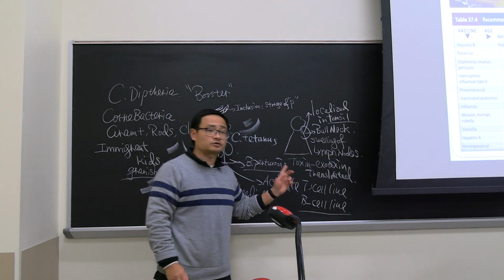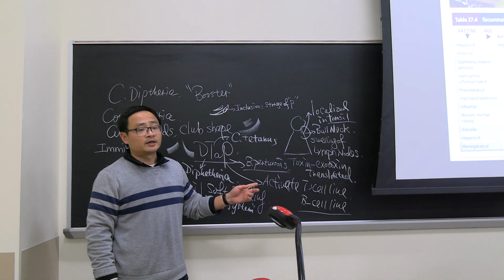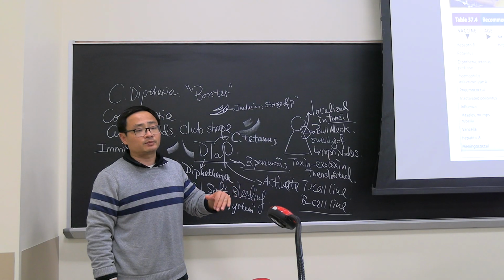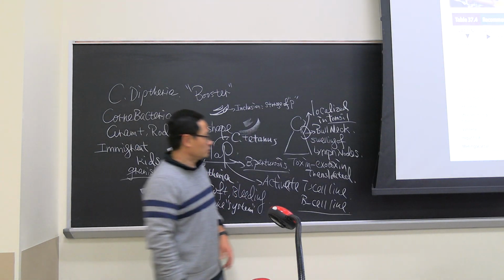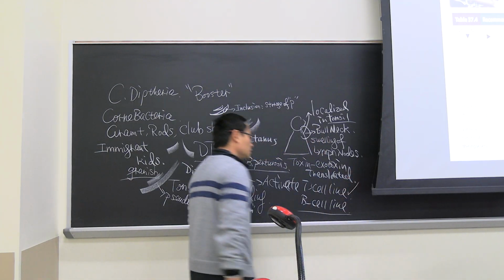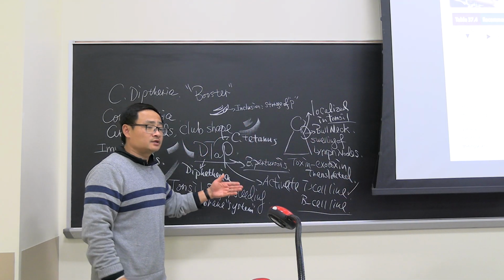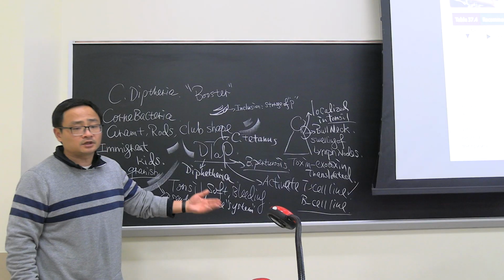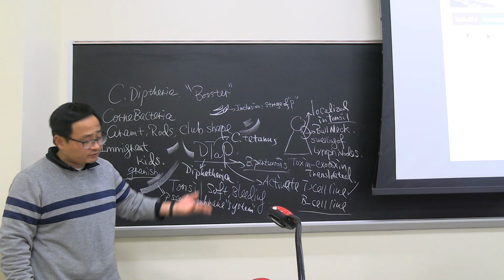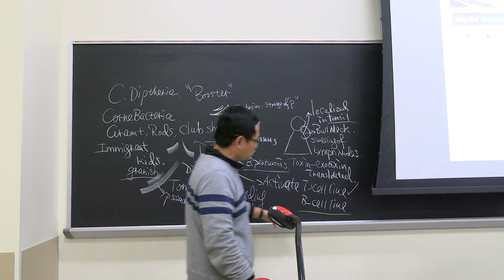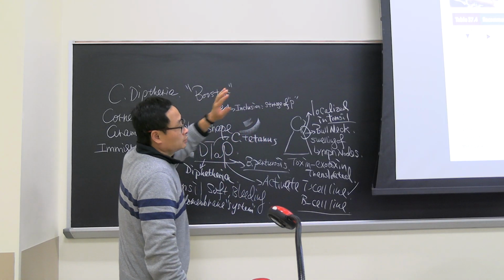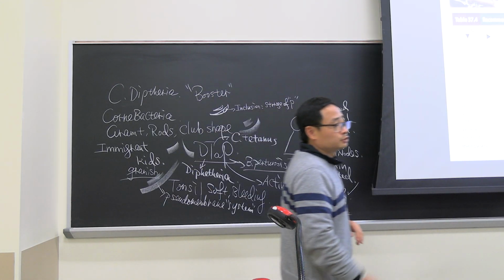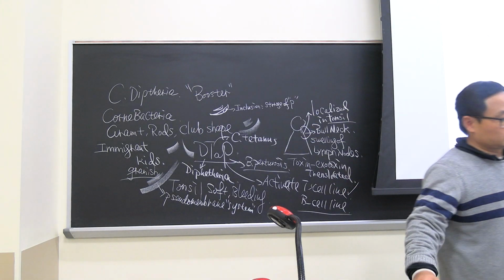The T cell line does not generate antibody, and the memory capability is usually short. This vaccine only activates the T cell line, which means cell-mediated immunity is activated, but humoral immunity is not activated. So we need a booster, which means you need shots a couple of times during the life cycle. Okay?